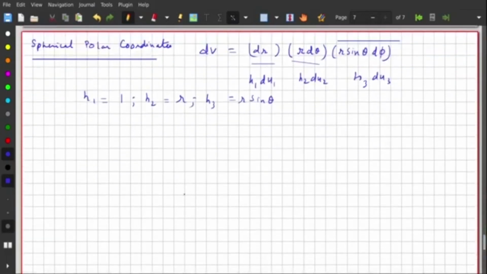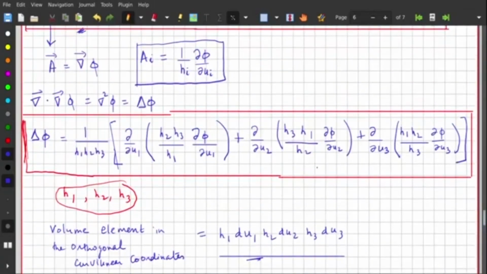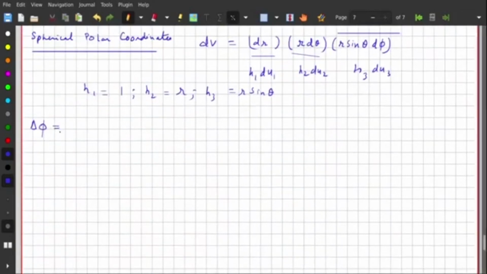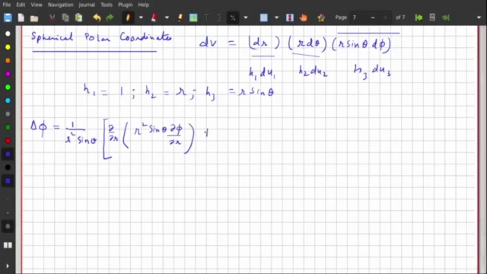Okay, and if we use these h1, h2, h3, we substitute them in this equation, and out pops the Laplacian of a scalar field in spherical polar coordinates. So this will become 1 over r squared sinθ ∂/∂r of r² sinθ ∂Φ/∂r plus ∂/∂θ of sinθ ∂Φ/∂θ plus ∂/∂φ of 1 over sinθ ∂Φ/∂φ.